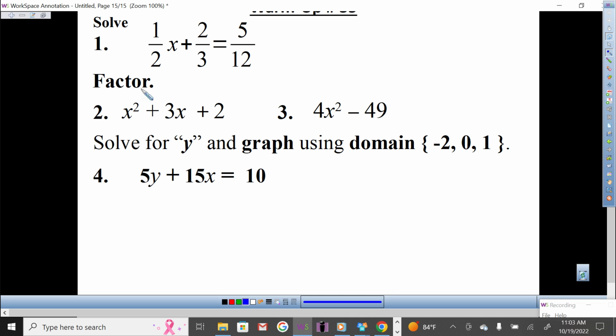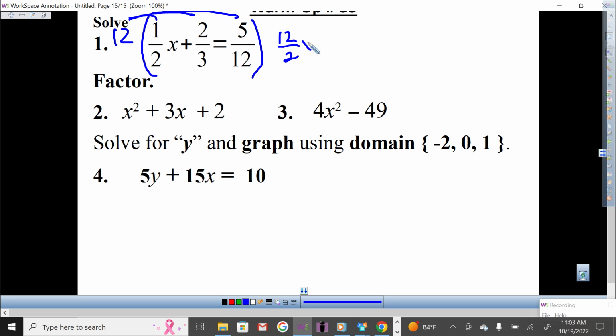So what can we do? We multiply times the common denominator. Common denominator for 2, 3, and 12 is 12. We multiply times all 3 numerators. So that gives us 12 over 2x, plus 24 over 3, equals 60 over 12.